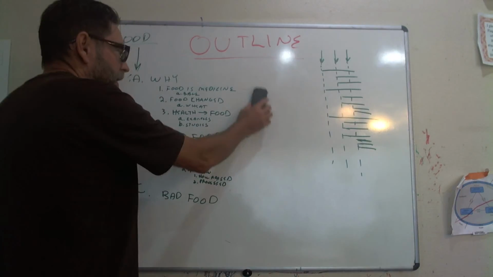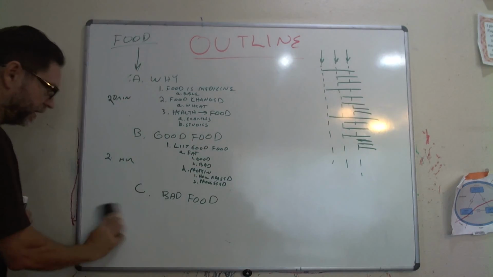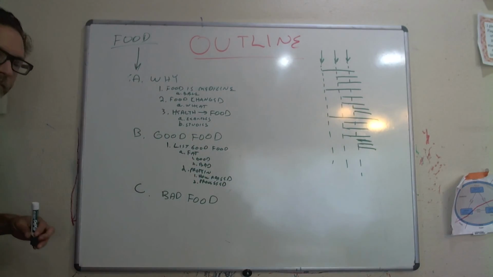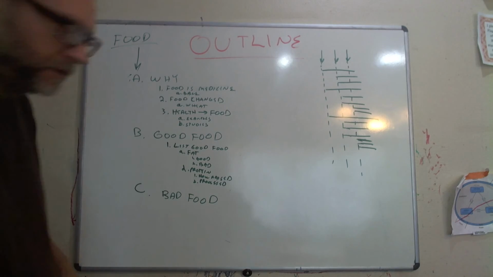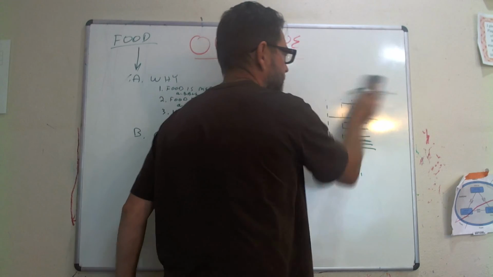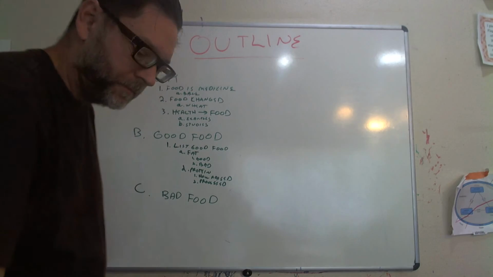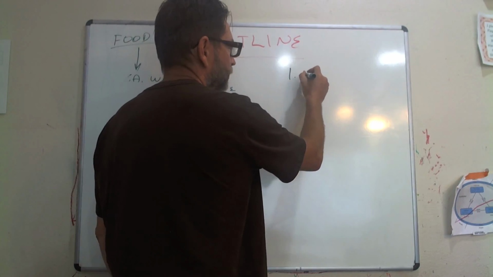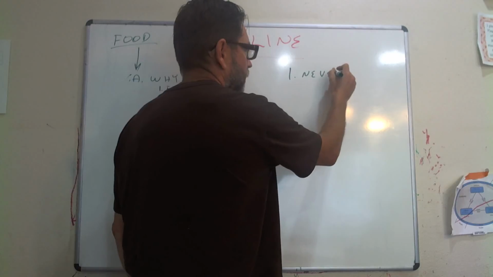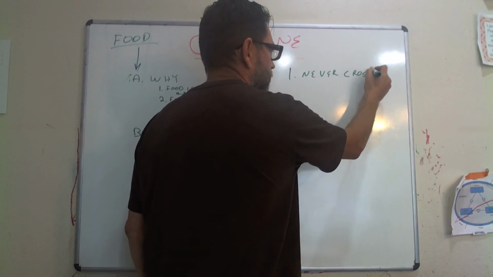Okay? So a few rules about outlines. In order for an outline to be effective, there's a few rules. One rule is never cross topics.